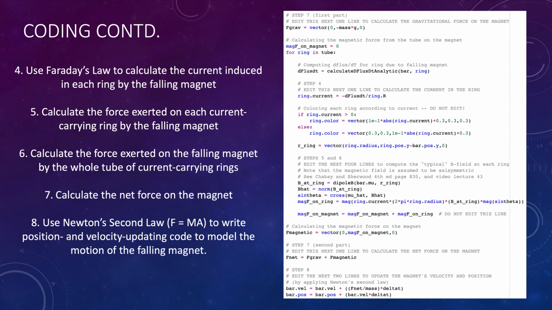And then we calculated the net force on the magnet, which is just the force due to gravity and the force due to the entire aluminum tube. And then we used Newton's second law, force equals mass times acceleration, to write our position and velocity updating codes to model the motion of the falling magnet. So that's just the bar.bell and the bar.pause down here.